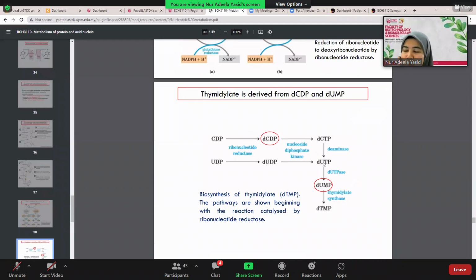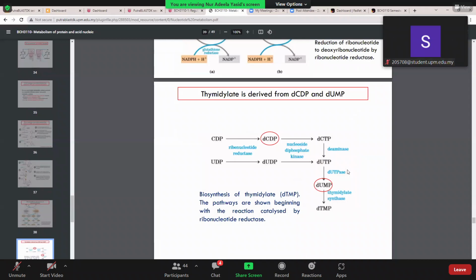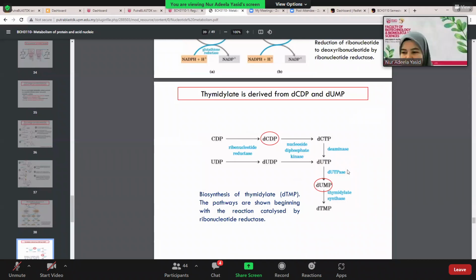Because we want to prevent the incorporation of uracil into DNA. That's why it needs to undergo dephosphorylation and convert terus kepada DTMP. Kat sini baru berlaku balik phosphorylation. Diorang kena minimize concentration. Otherwise nanti uracil akan incorporate dalam DNA. So kat situ akan jadi haywire lah sistem nanti kan. Sistem body kita.